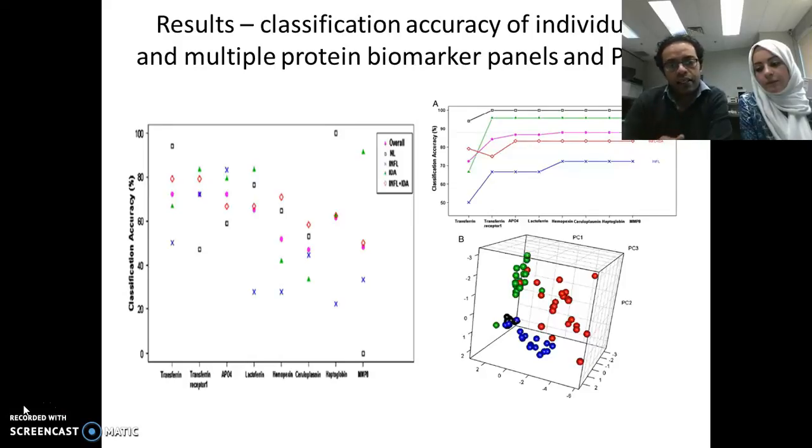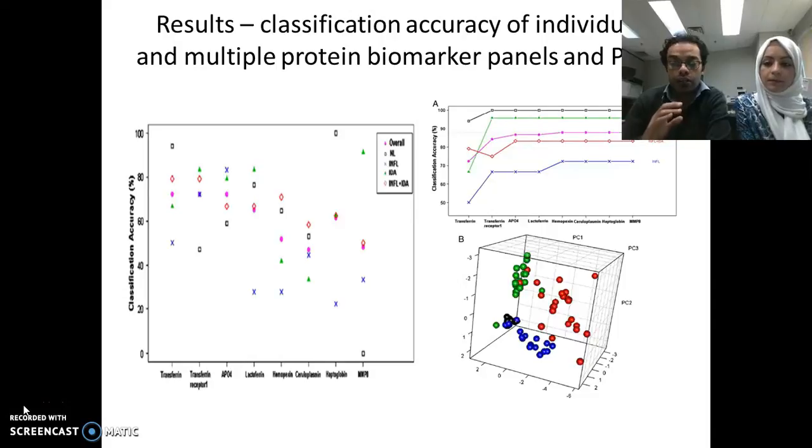On the right side, you can see the overall accuracy obtained by using a panel of 5 proteins, which is transferrin, hemopexin, transferrin receptor 1, APO4, and MMP8. Instead of the best single protein, transferrin, it improves the accuracy from 72 to 88.